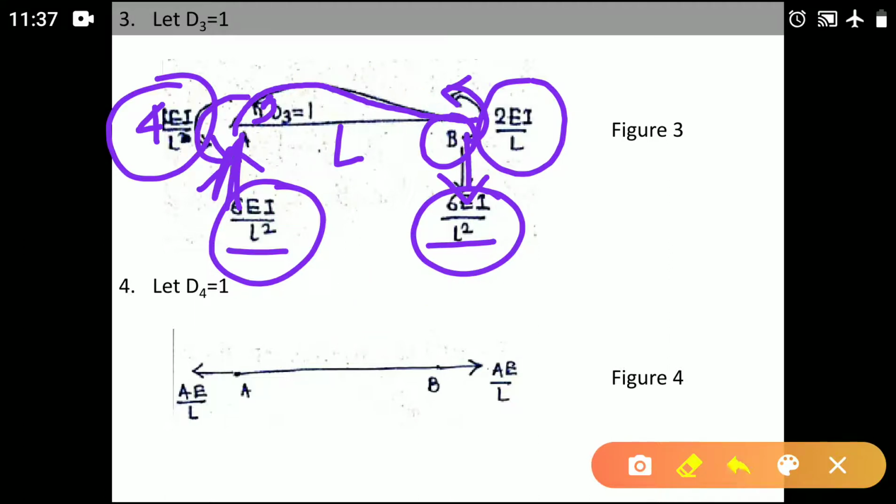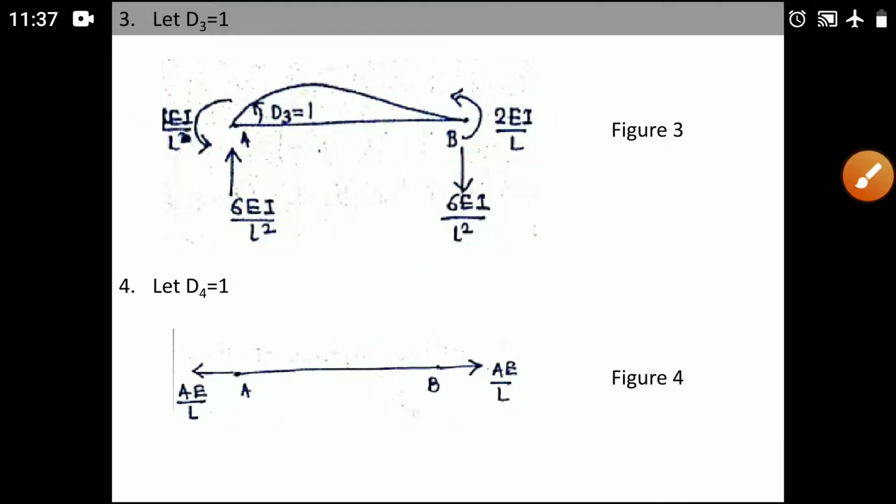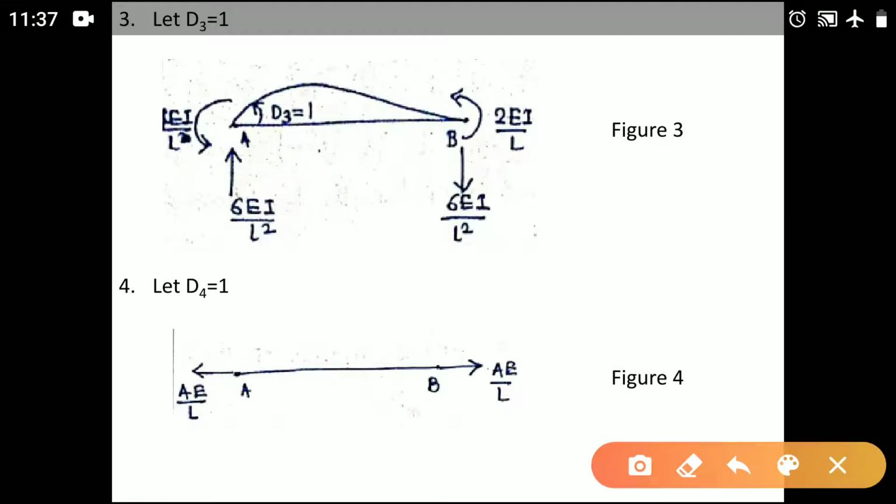Now the next step, that is step number 4. Fourth step: D4 is equal to 1.